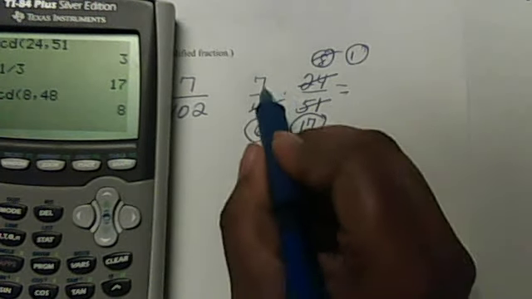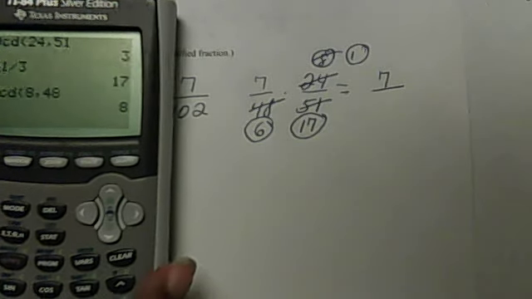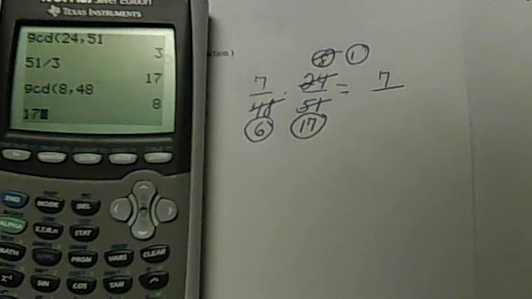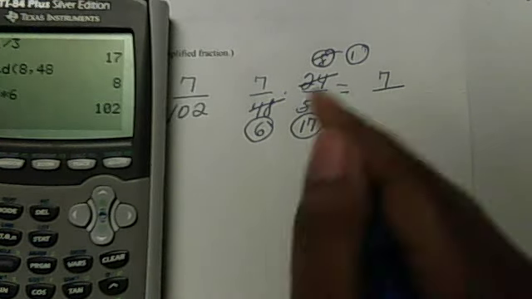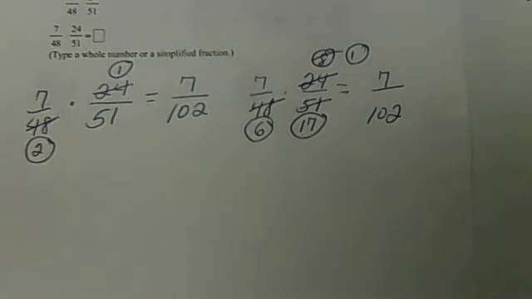Now I can multiply my 7 times my 1, get 7, and then I can multiply my 17 times the 6 and get 102. So it doesn't matter which way you do it or how you cancel, you'll still get the same answer as long as you cancel completely.